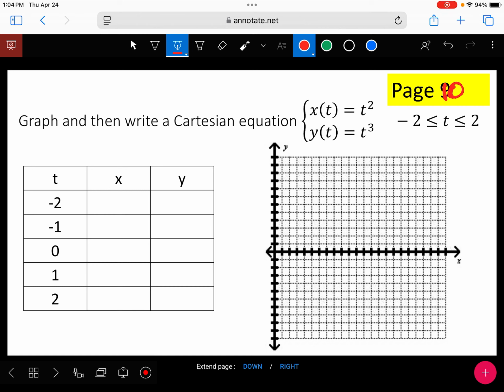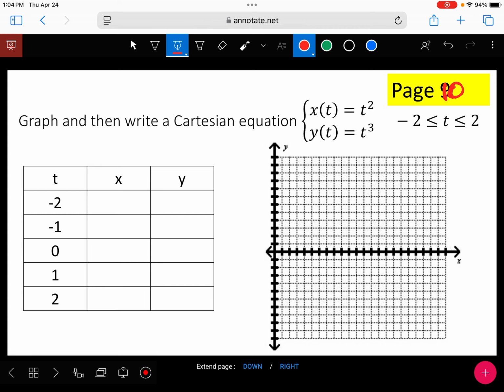So go ahead and create your T-chart. So again, you're going to take those 5 numbers, put it in T squared.